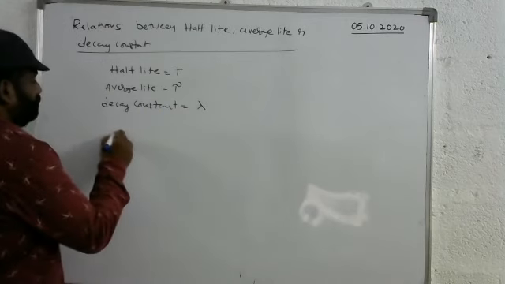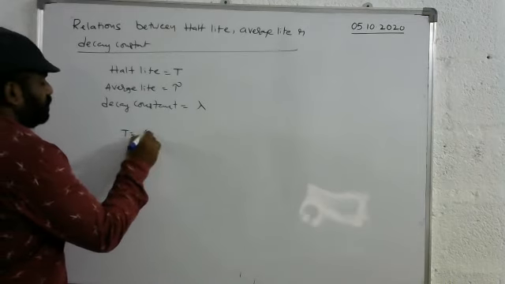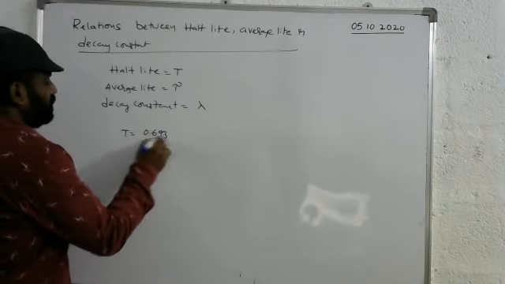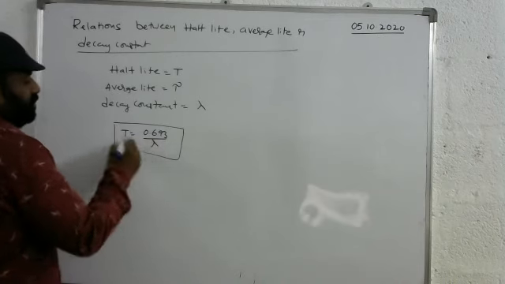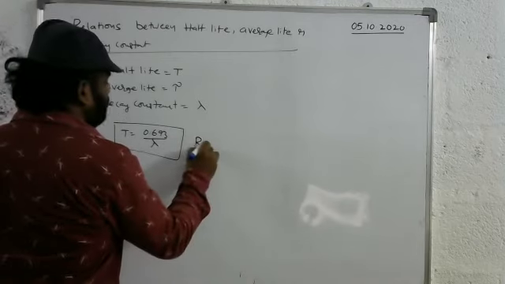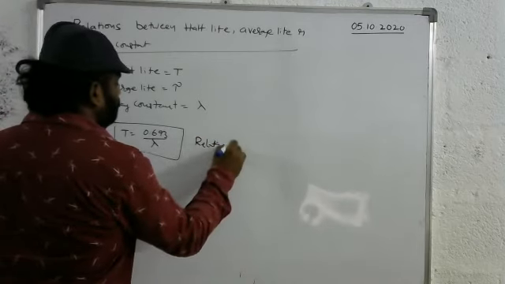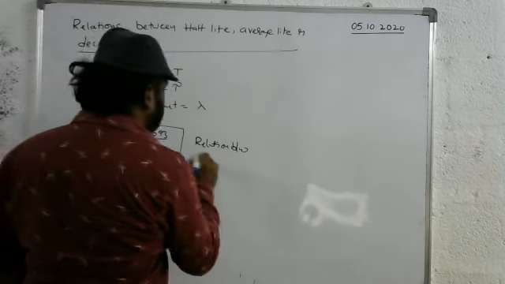We have half-life T is equal to 0.693 by lambda. This is one relation, between half-life and decay constant.